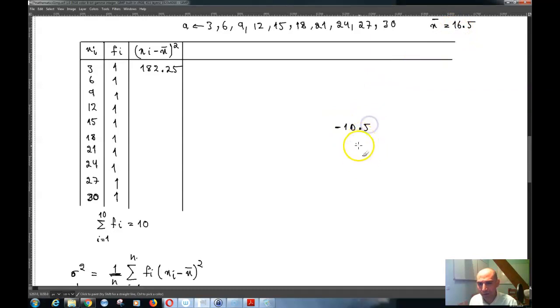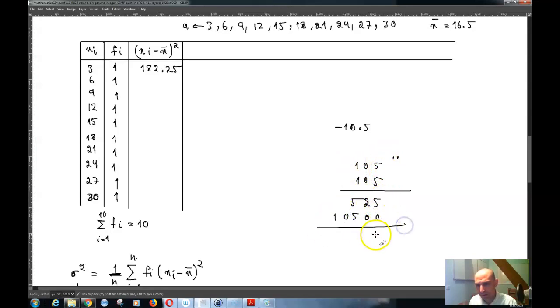Now 10.5 times 10.5, of course the negative sign is going to be a positive, and you get 2 decimal places. So that's 110.25.